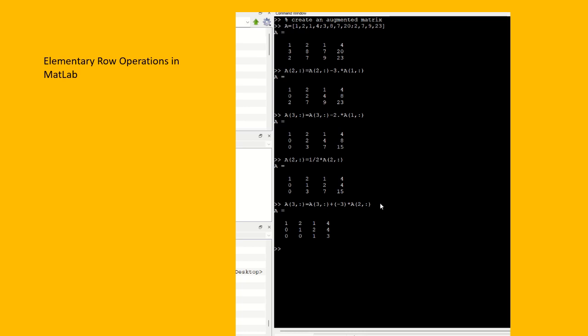And we now have this matrix. I think as far as we're going right now, this is far enough for us to easily solve the system of equations, which we will do very shortly.